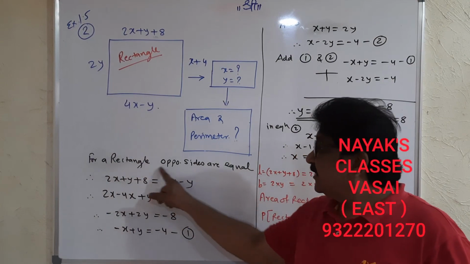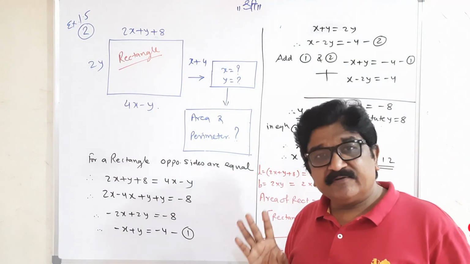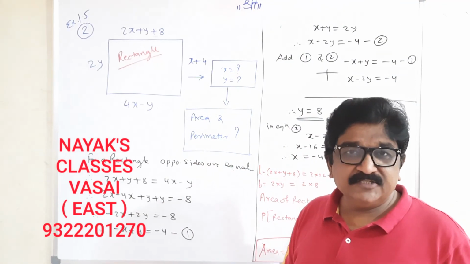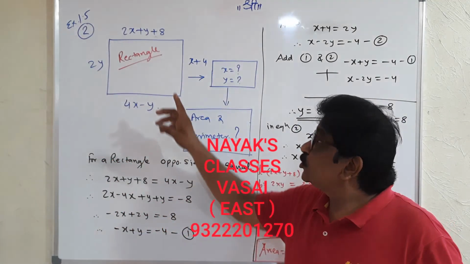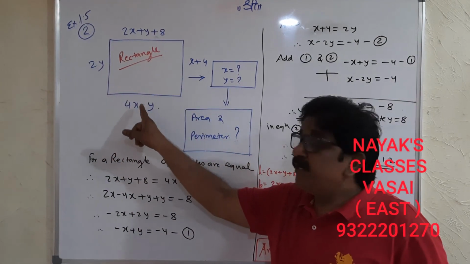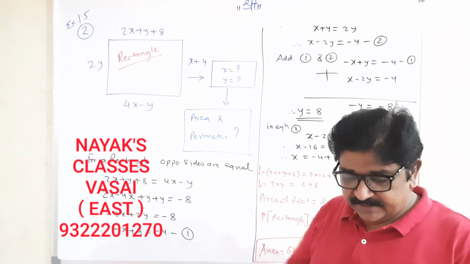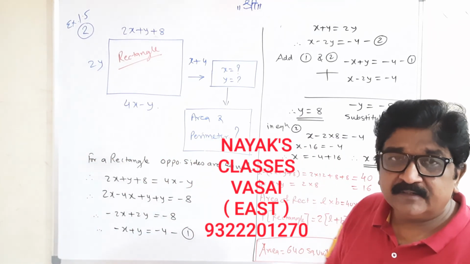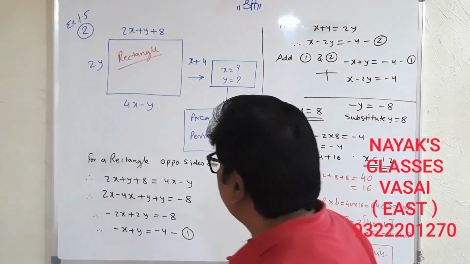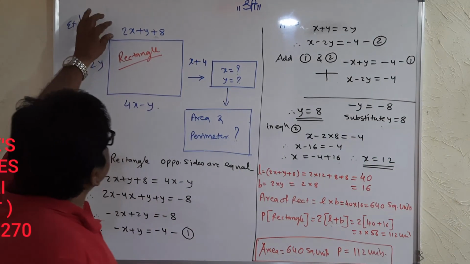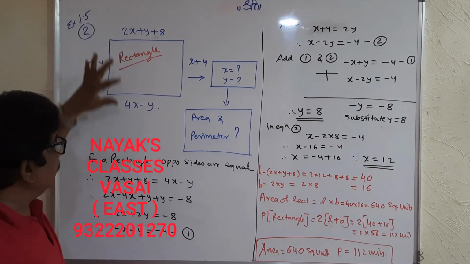For any rectangle, opposite sides are equal. You have studied in childhood. So, these two values must be equal. After getting it, we have to show this value equal to this value.